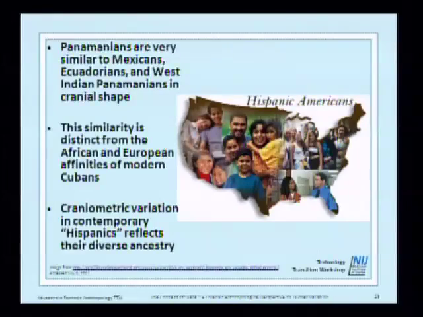This was very distinct from European, African, and modern Cuban affinities. So that shows a different descent as well, or origin. So I guess the census needs to add those terms back in because we keep using those over and over again, right? Basically, Hispanics are so diverse that we shouldn't group them under this one socially constructed umbrella.